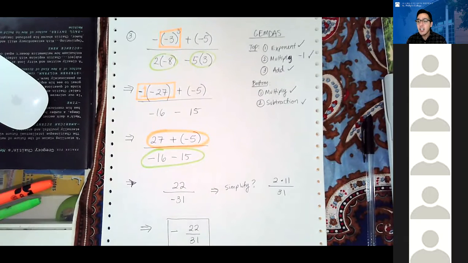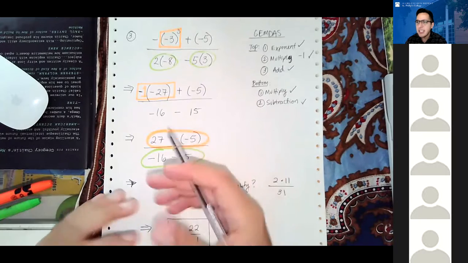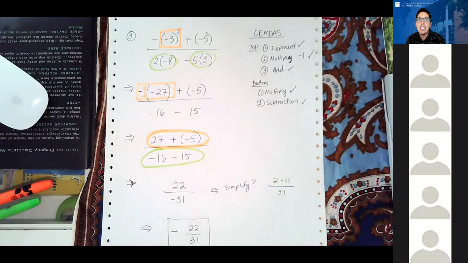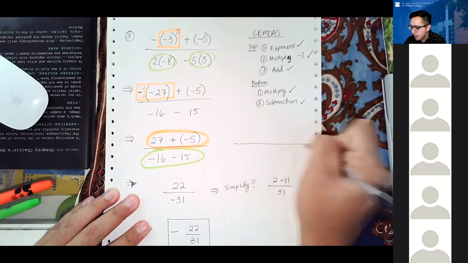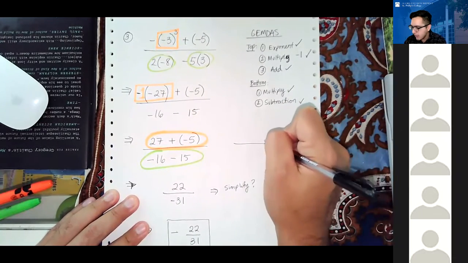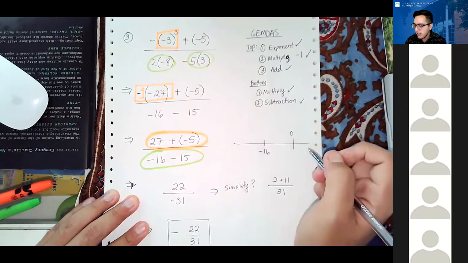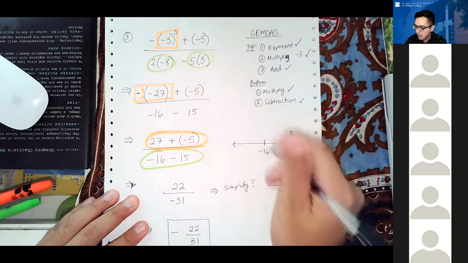Yeah, and that's a common mistake that people make. There really isn't a whole lot of time to do this when we start getting into more complicated problems. But if you think about the number line, 0 is over here, and then we have, let's say, -16 right there on the left side of 0. This is where all our negative numbers live.